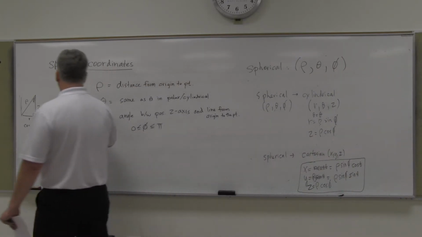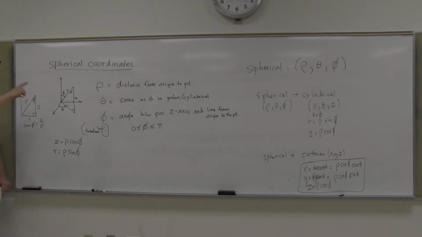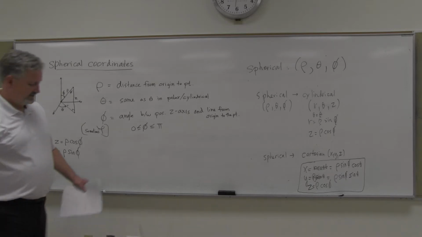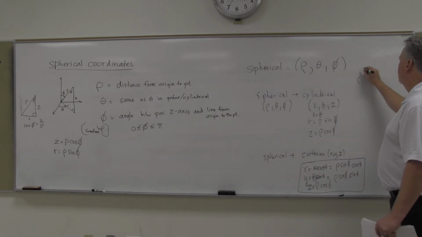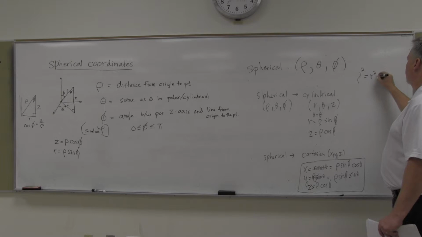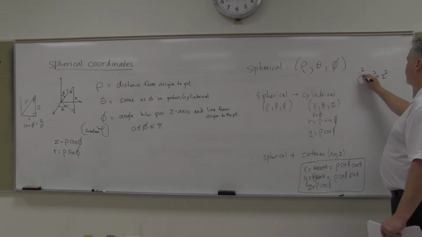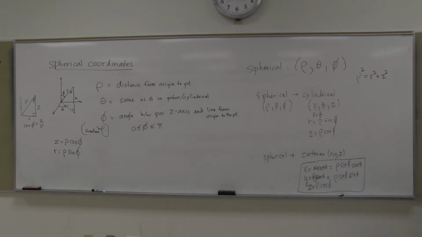All right, so yeah, again, we've got the right triangle, and Pythagorean theorem still holds. R squared plus z squared would equal rho squared. Well, Cartesian-wise, then we could say, couldn't we, that rho squared equals, what's r squared equal in Cartesian?